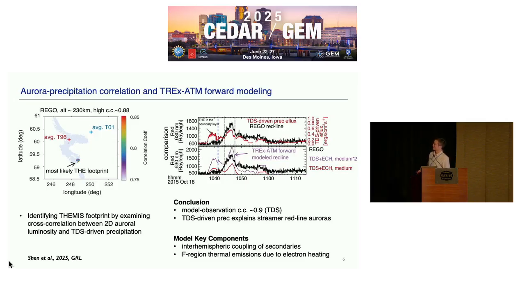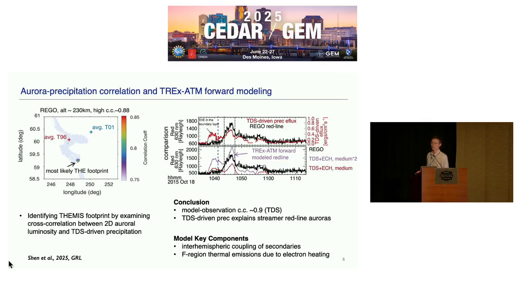Yeah, so in this top panel, we indeed were plotting the precipitating energy flux in comparison with the Rayleigh auroral intensity. This is the data we used to identify the highest correlation region. But later, when we identified this highest correlation region, we used this precipitation data as input into the T-Rex ATM model, and this is plotted as a Rayleigh auroral intensity.